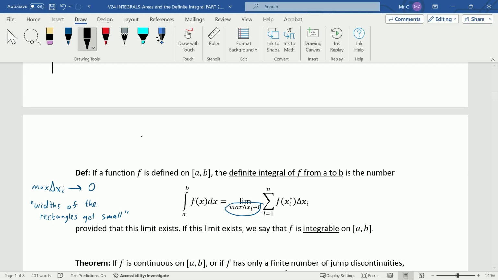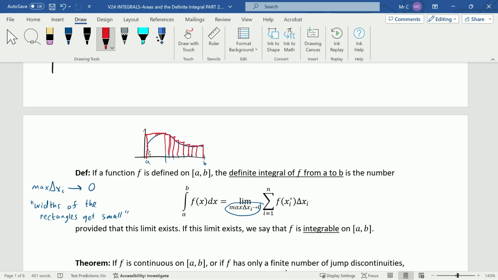So what do I mean? If I had a function like this, and the way I partitioned it was such that I used a bunch of rectangles over here, on this right side I just got a ton of rectangles. I'm sketching very quickly, it's a very ugly sketch. But I only ever use one rectangle on this left portion.